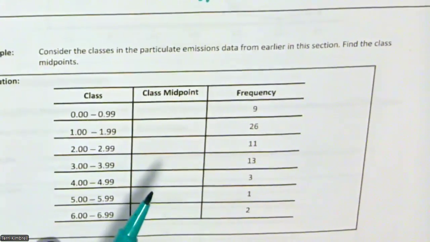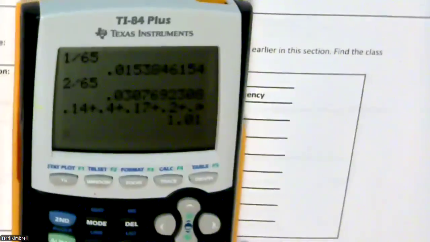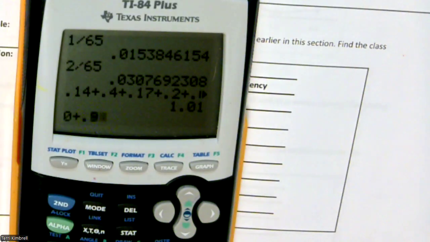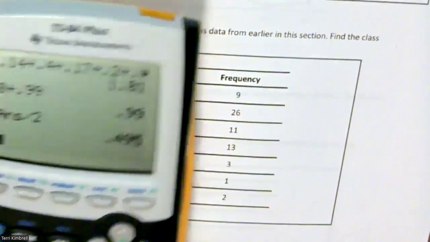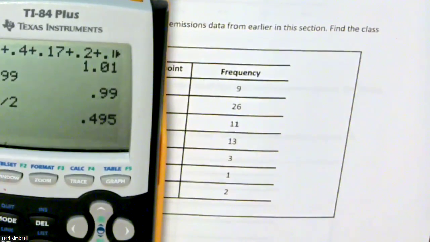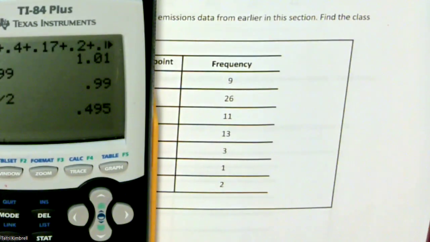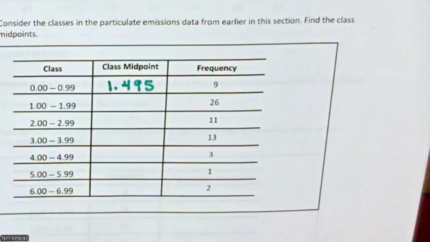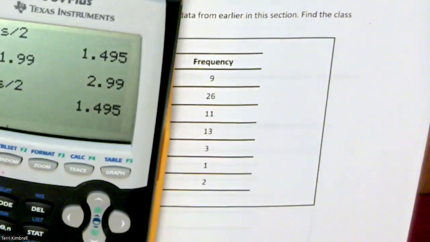So when you look at this, first off, you're going to take your 0 plus 0.99 and divide that by 2. So you're going to get your 0.495. Okay, so we're going to round that in just a second. When you add those two and divide by 2, you would get the 1.495.